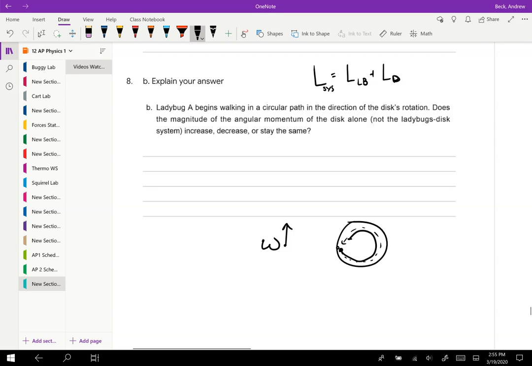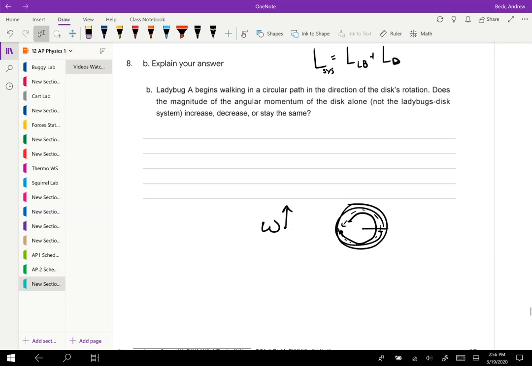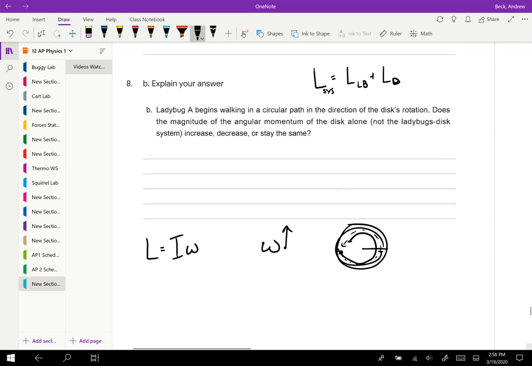So its angular velocity is increasing because it starts to cover more radians in the same amount of time. Because its angular velocity goes up, and we know that angular momentum is I, rotational inertia, times the angular velocity, for the ladybug, its angular momentum has increased.